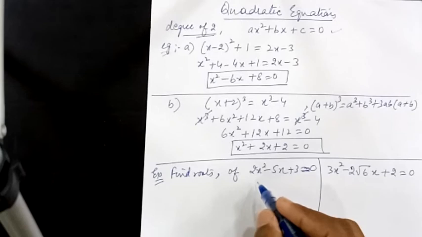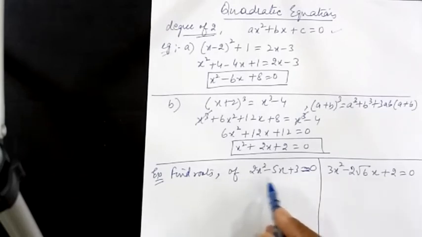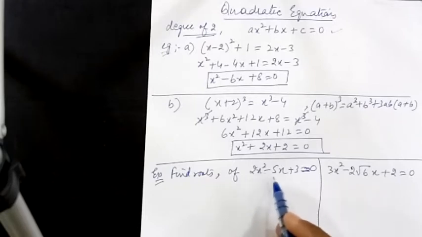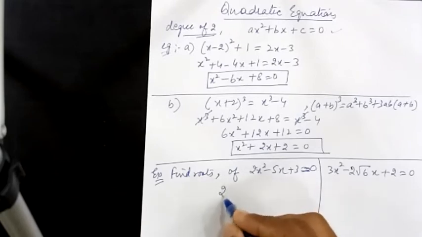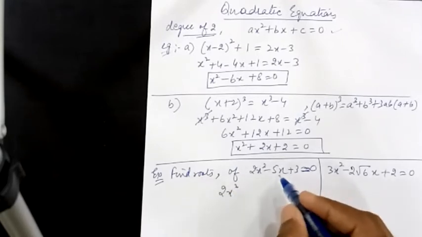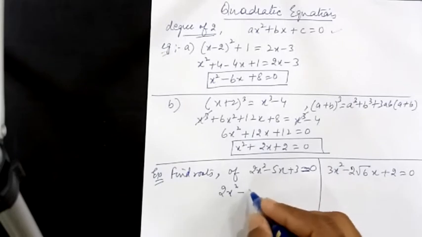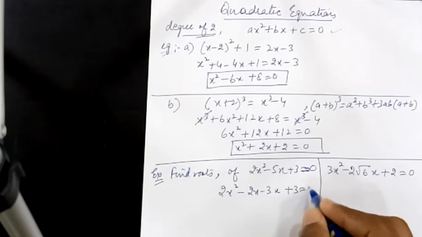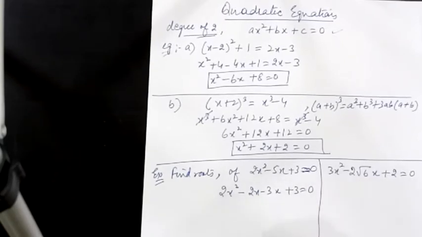Come to the very first one. What you have to do is solve it by the factorization method. How can you do it? You just split its middle term. I hope you know how to split it. The product should be 6 and the sum of it should be minus 5. So what factors you can get is minus 2x and minus 3x, which is minus 5x, and if you multiply minus 2 and minus 3 you get 6.